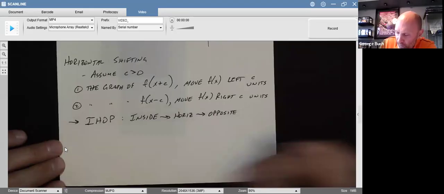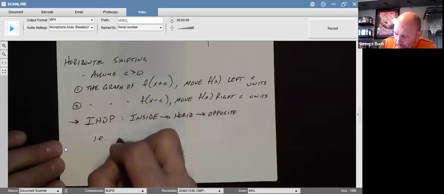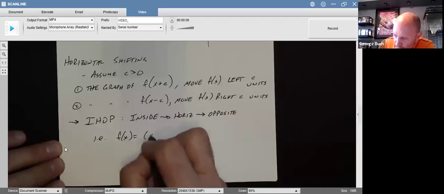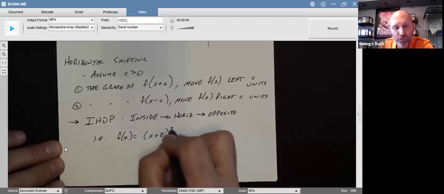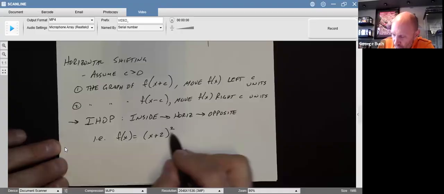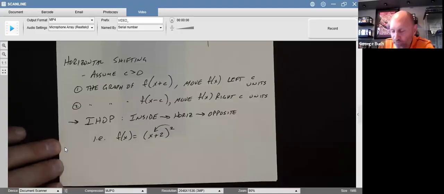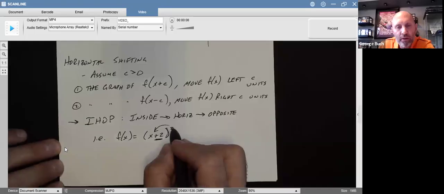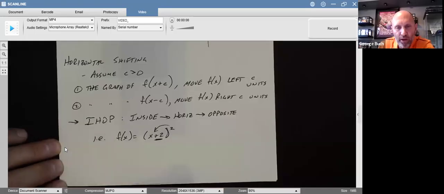So for example, if I have f of x is equal to, let's do the 2 again, x plus 2 squared. So my parent function is still the parabola, x squared, but this 2, because it's inside with the squared portion, inside means horizontal shift, and it's the opposite.